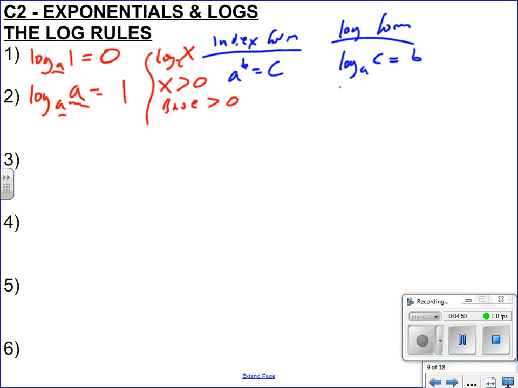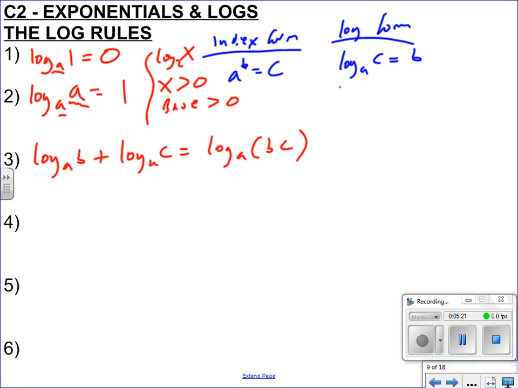Other laws. So these we're going to prove in class, but I'll prove one with you. So log base a of b plus log base a of c is always the same as log base a of bc. So the results times each other, right? It only works if the base is the same.